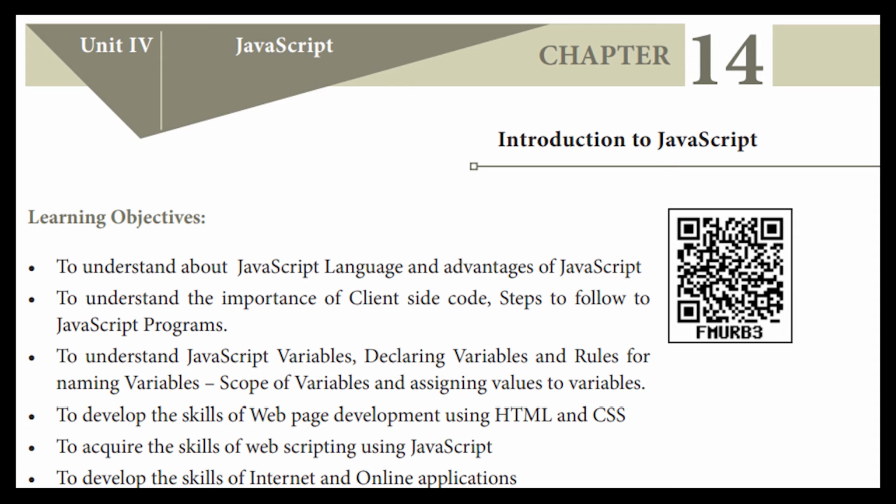If string 1 is computer and string 2 is application, using the concatenation operation between string 1 and string 2, the result will be computer application. Likewise you can join two strings, and many other operators are there with strings. String length means you can find out the length of string 1, that is computer.